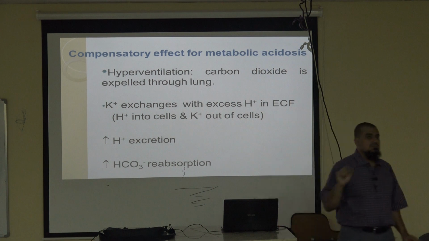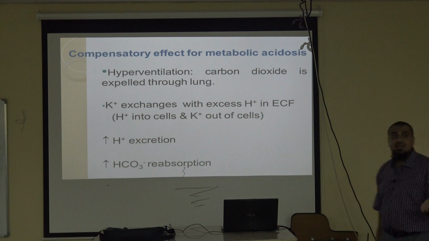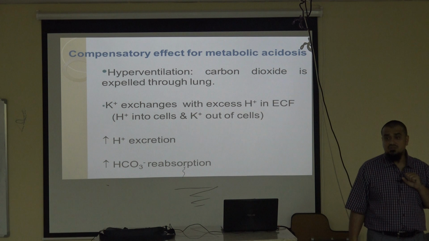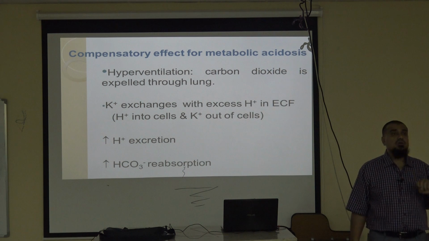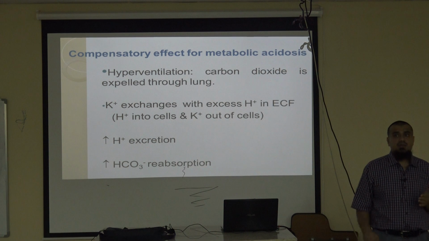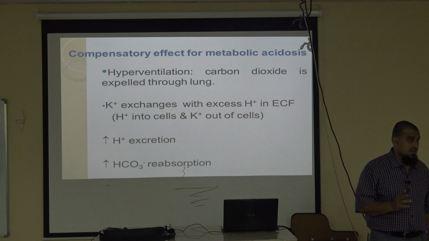Clear? Now, please remember, there is one very important thing with the acidosis. Whenever you develop acidosis, it affects the potassium ion concentration in your blood, because the hydrogen and the potassium are in a state of exchange.